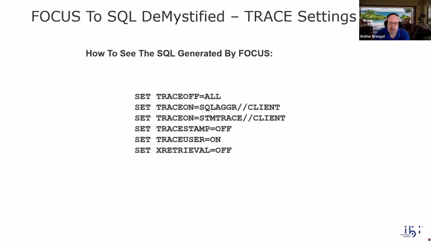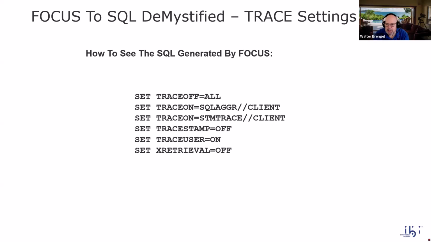So if I didn't turn all of them off first, and if I go to the second to last step where it says set trace user equals on, I am going to see all of that additional trace information. So it's not like I'm only going to be able to see what I'm asking for in this query, but I'm going to see everything that was already predefined.